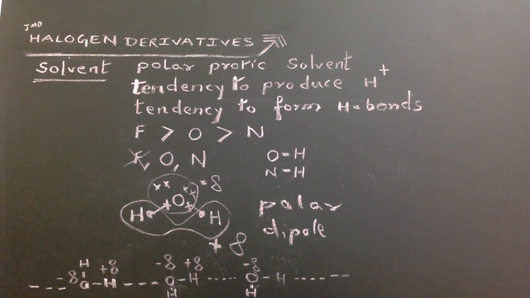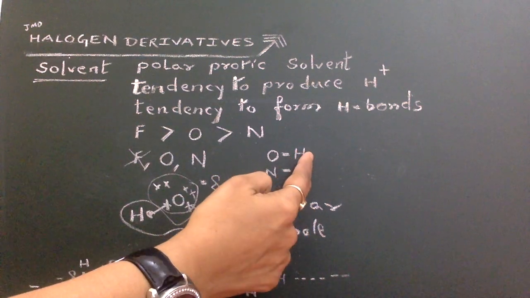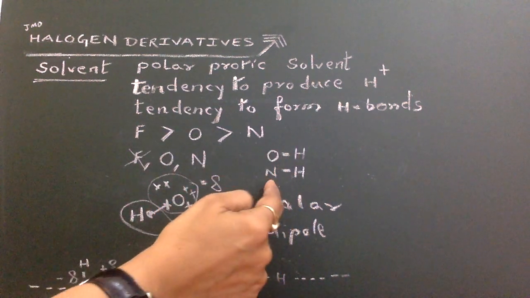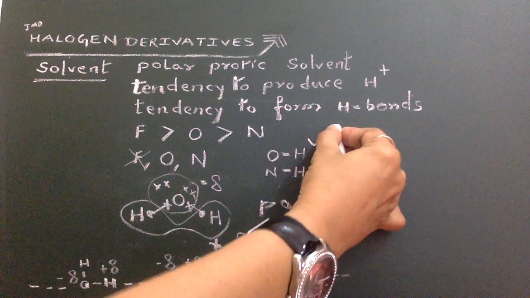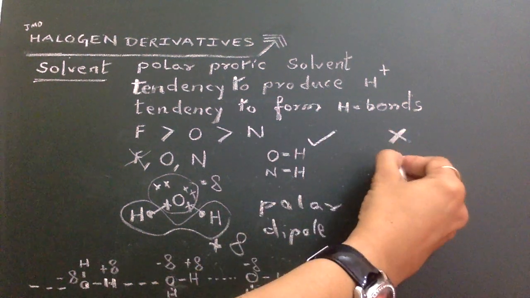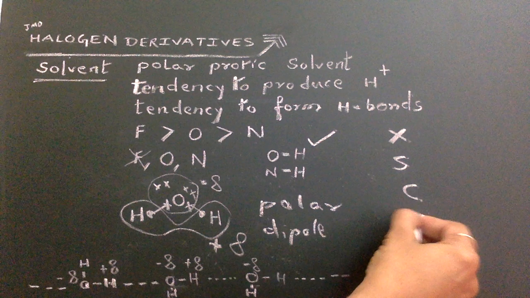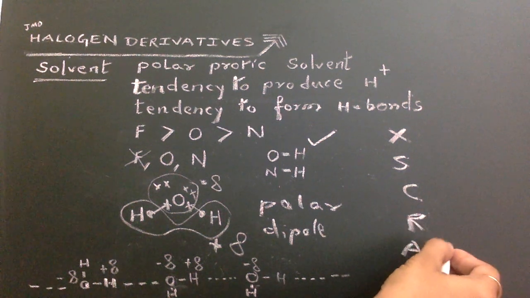Fine. Now, hence we can say a polar protic solvent is a solvent that has a hydrogen directly bonded to oxygen or nitrogen, but not to sulfur, carbon, alkyl or aryl groups.